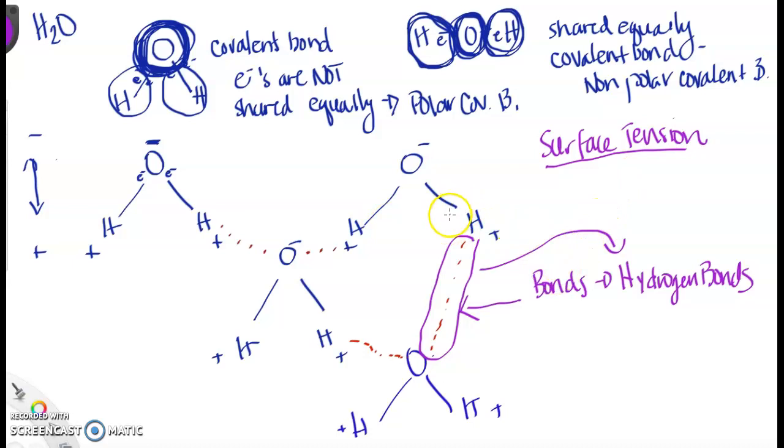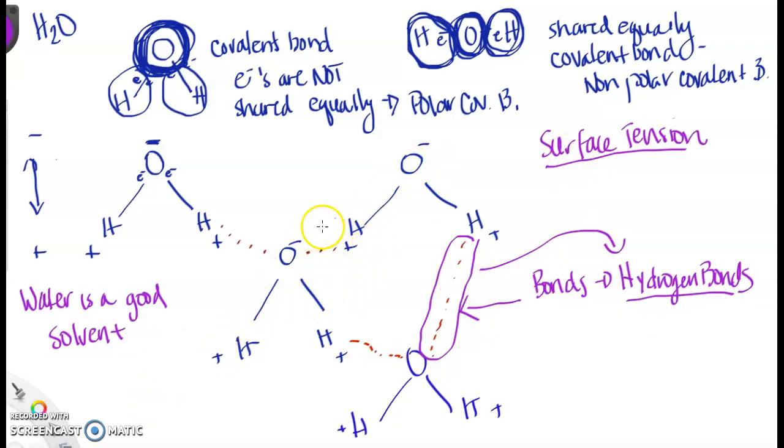So the great thing about that is it adds to a lot of the characteristics that water has in our body. Water is a great solvent, okay? So water is a good solvent. And that's due to these hydrogen bonds, because they can break apart stuff through that stickiness.